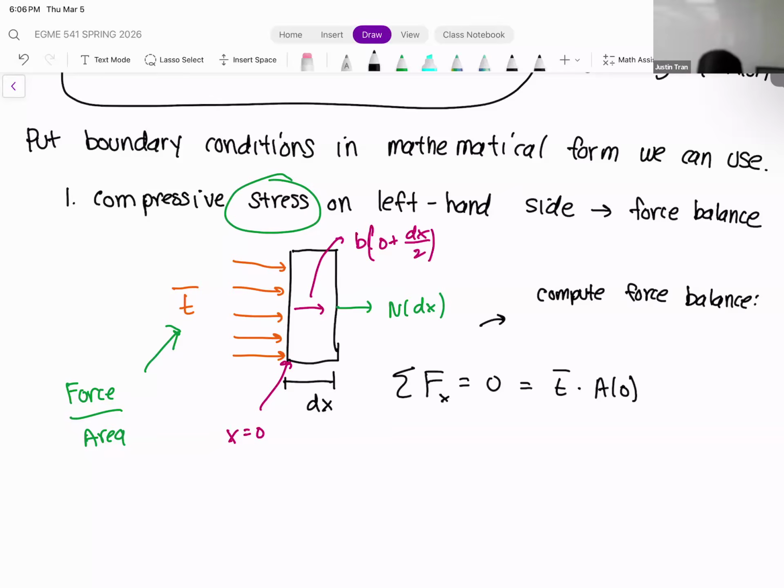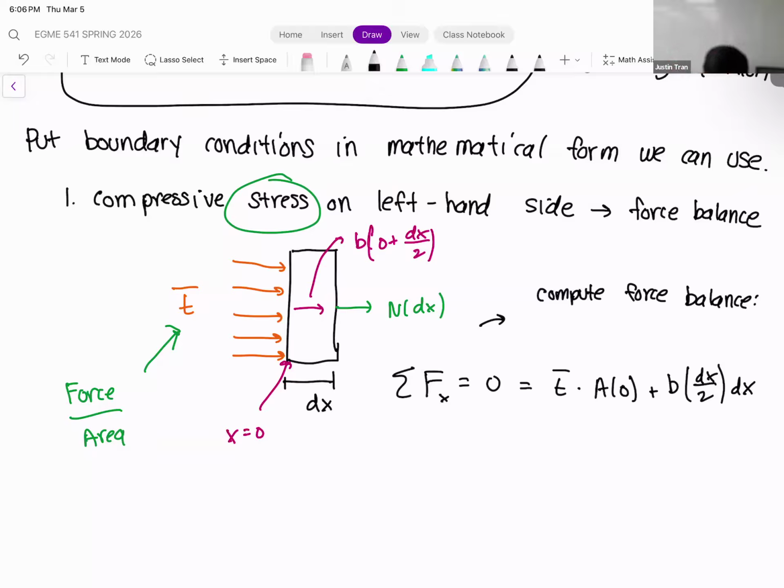Good. Next contribution is going to be from the body force, just like we had previously. So it's going to be plus b of dx divided by 2 multiplied by dx, right? So once again, we take our body force and multiply it by the length of our sliver here, just because our body force is a force over length.